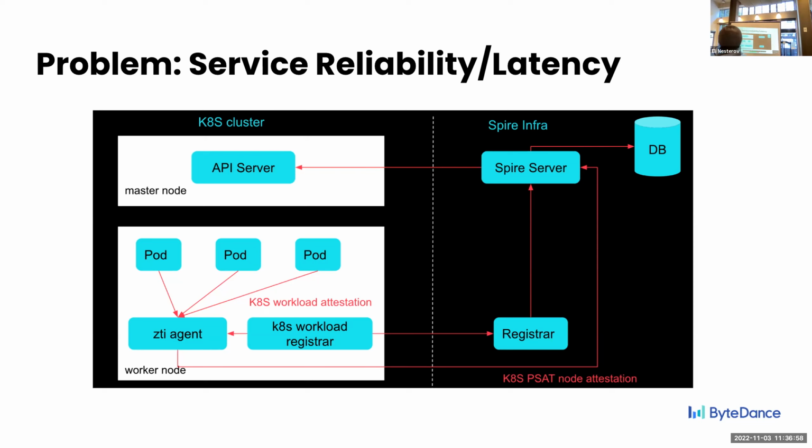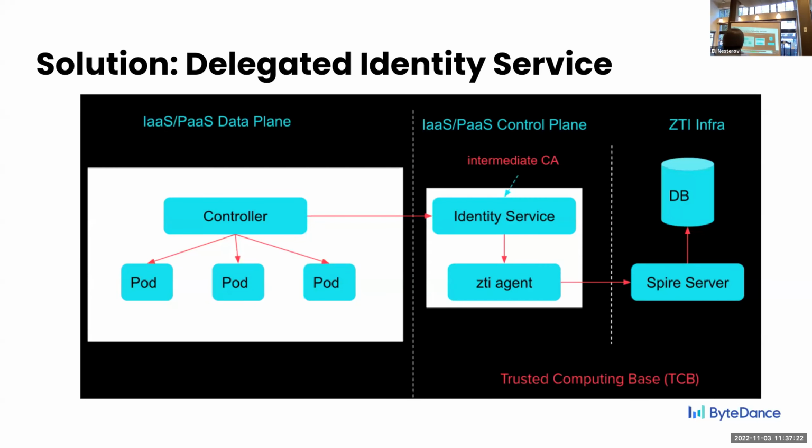Then it's not reliable. So the latency is intolerable in those cases. And also we have other cases like serverless or FaaS scenarios. There may be 100 processes scheduled in one pod, and they are very dynamically created and deleted. So the native Spire cannot support such a use case. Therefore, we have to do some security compromise here.